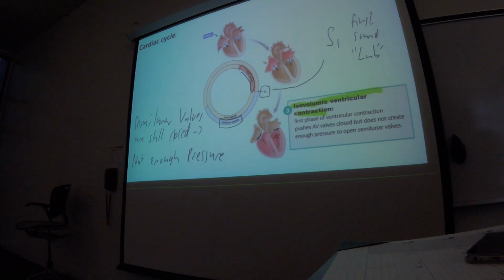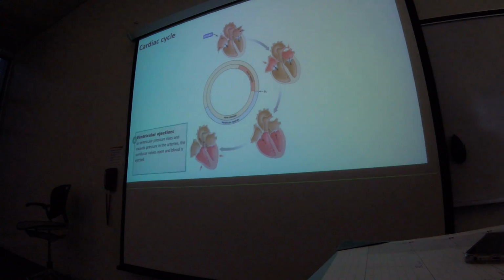And so that's what's happening here, before the ejection occurs, because we haven't reached that pressure threshold. But once we do, those semilunar valves open up, and blood gets shot into the aorta and the pulmonary trunk.